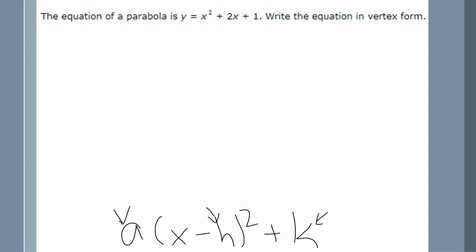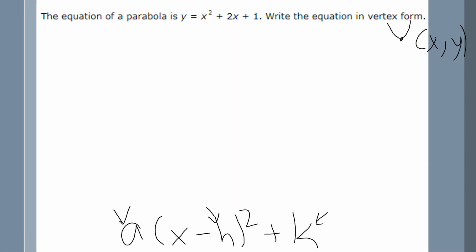So we know those three things. Now, this is also called the vertex form. And we know that the vertex, given the parabola shape, is the tip of the graph, and has an xy coordinate.